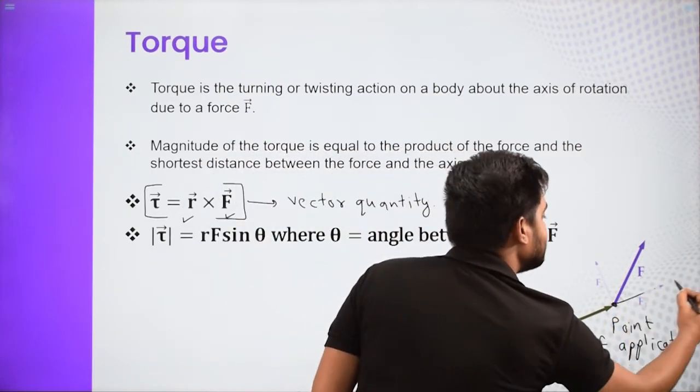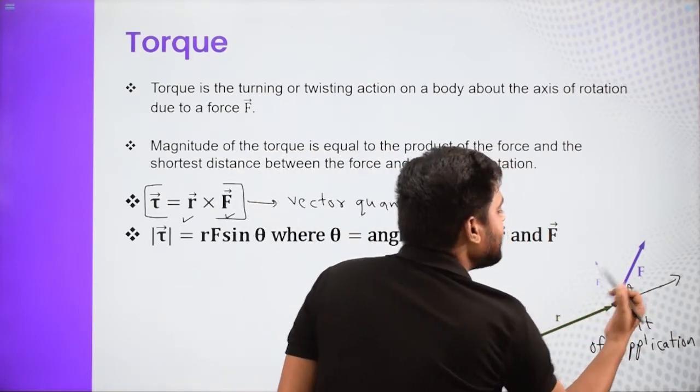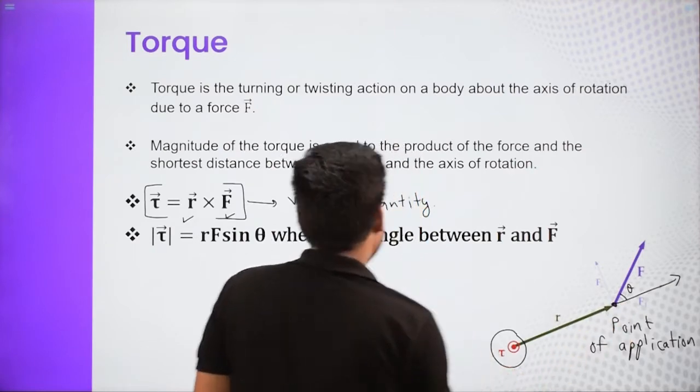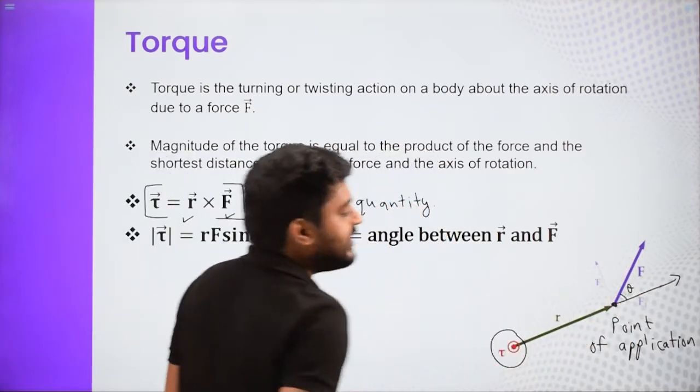This is the direction of the R vector, and we apply the F vector at an angle theta from here. So it is RF sine theta, where theta is the angle between the R vector and the F vector.